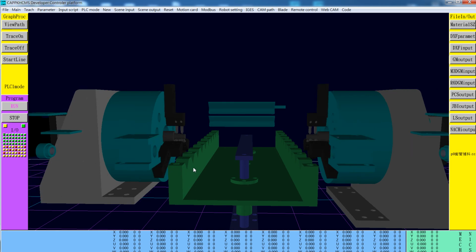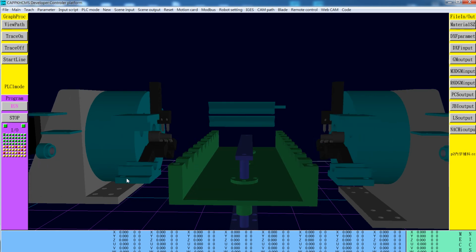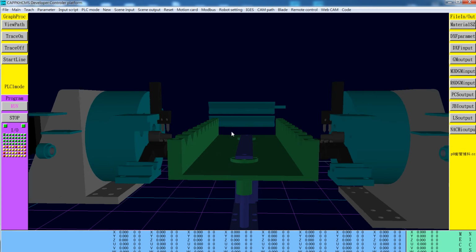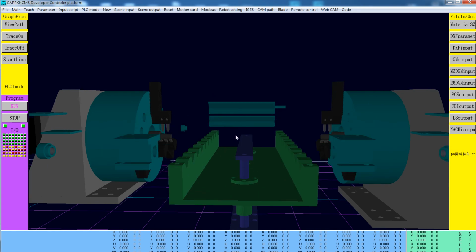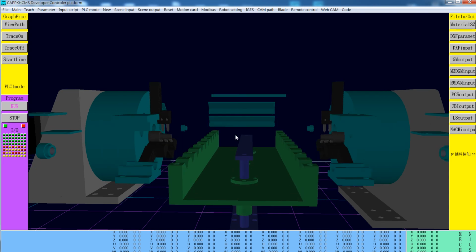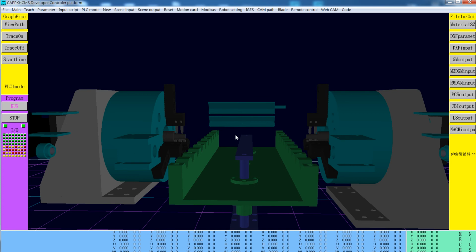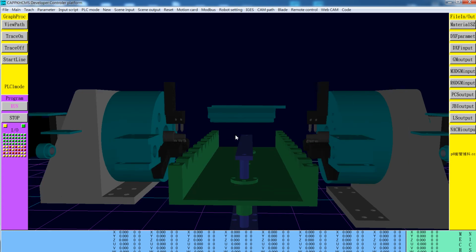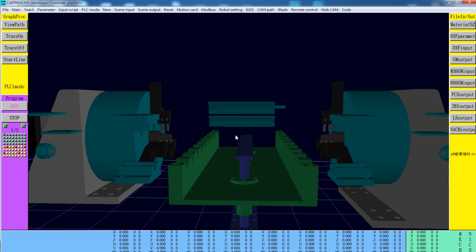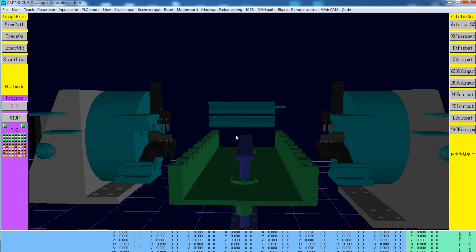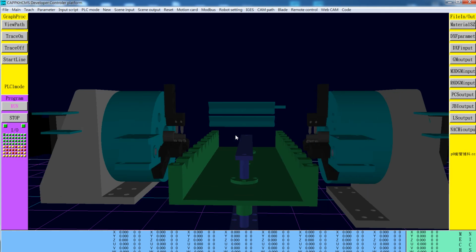This cycle time is 5 seconds, to make 12 pieces per minute. So on the virtual machines, we can still use this way to count the cycle time for the future physical machine.